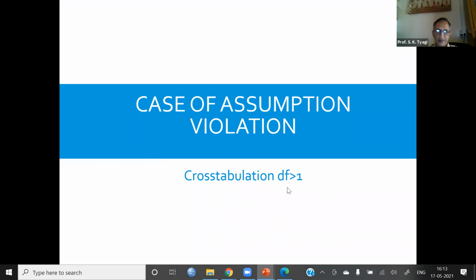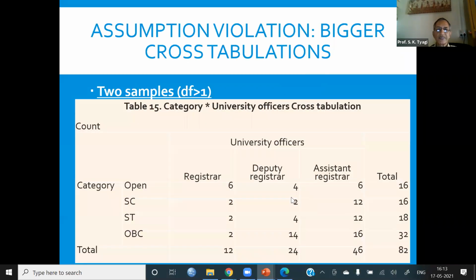And this is where the degrees of freedom are greater than 1, of course. So see this example. This is an example of data where we will find the assumption of minimum frequency is violated.